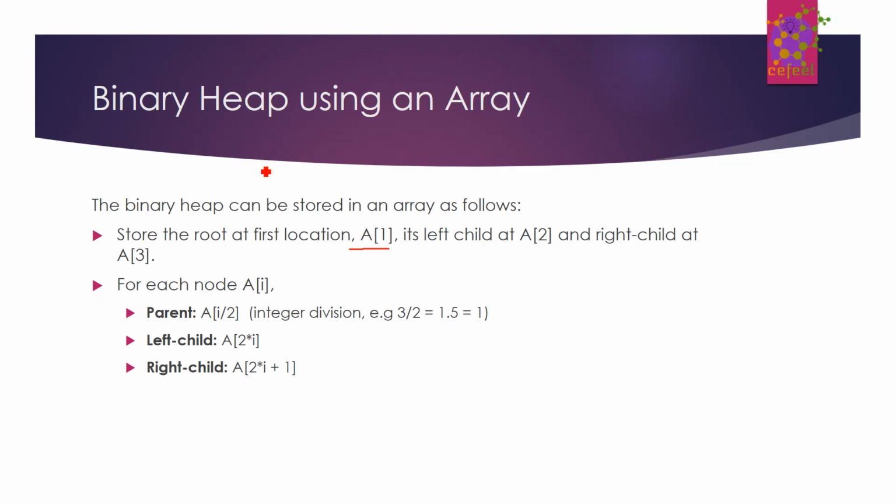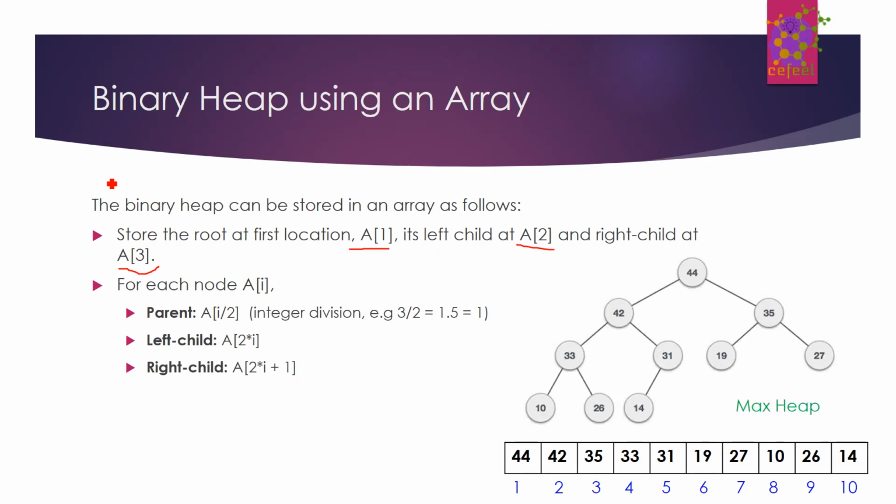The left child is the second element, and the right child the third element. Or in short, there is a pattern using which we can store the children as well as the root nodes of a binary tree. So here is the pattern. For each node, let's say A[i], the parent will be located at A[i/2].